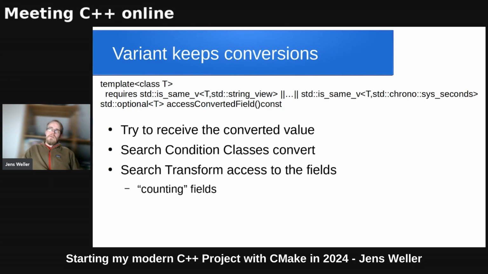But it also now occurred to me that the transform will also have to access fields that have not been converted to an integer. The classic example is counting fields. I have a field which tells me how many things are in this line. For example, those ticket sales as a CSV file, where you get the number of tickets.